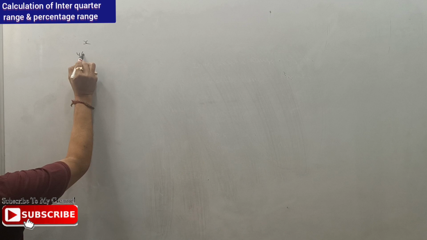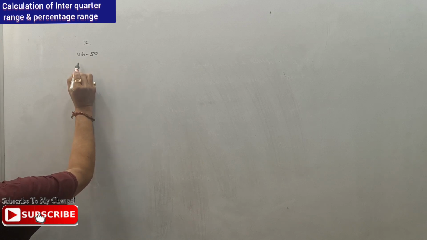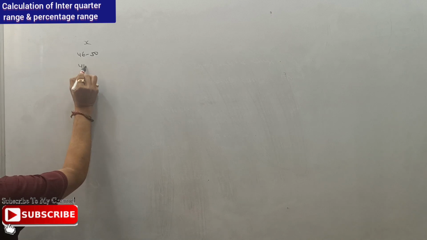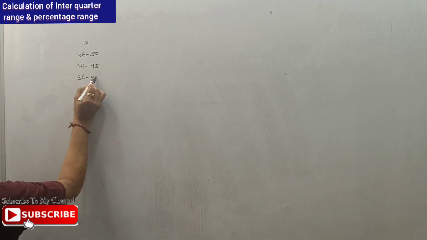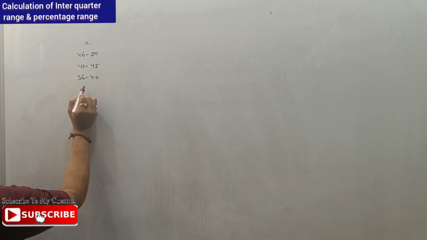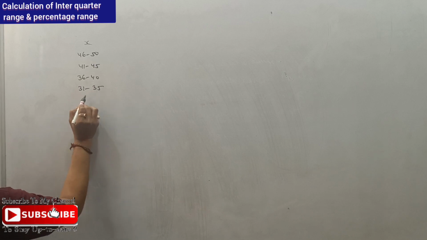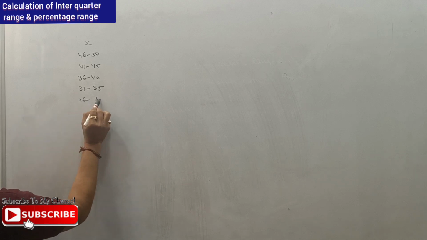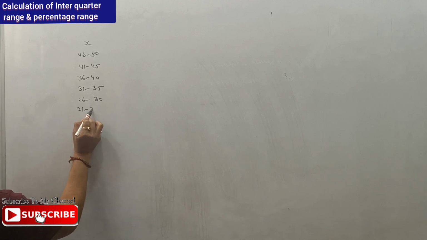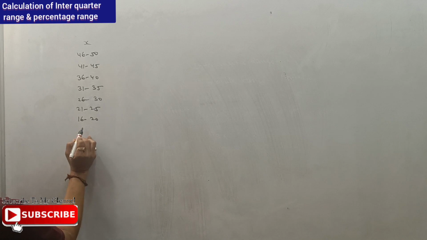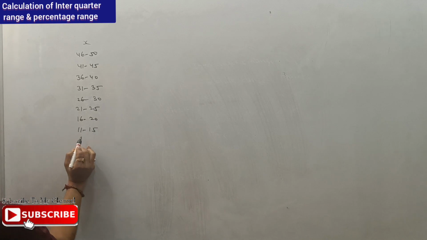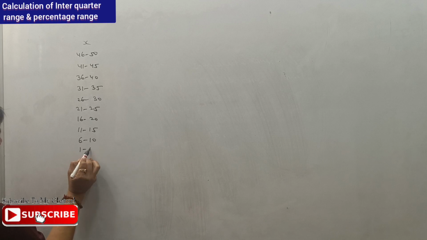The question is given: X is 46 to 50, then 41 to 45, then 36 to 40, then 31 to 35, then 26 to 30, then 21 to 25, 16 to 20, 11 to 15, 6 to 10 and 1 to 5.